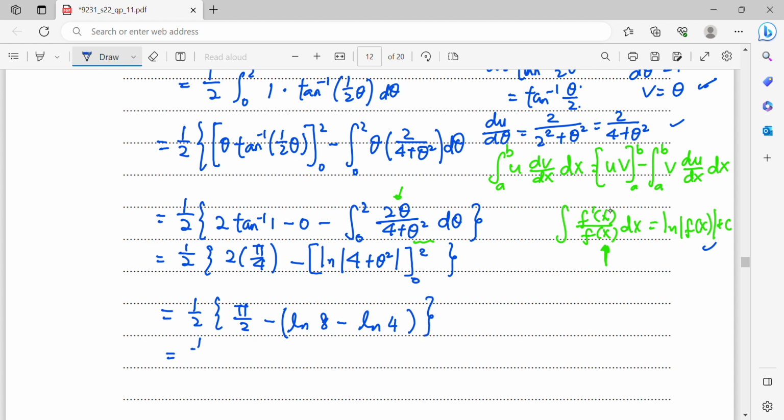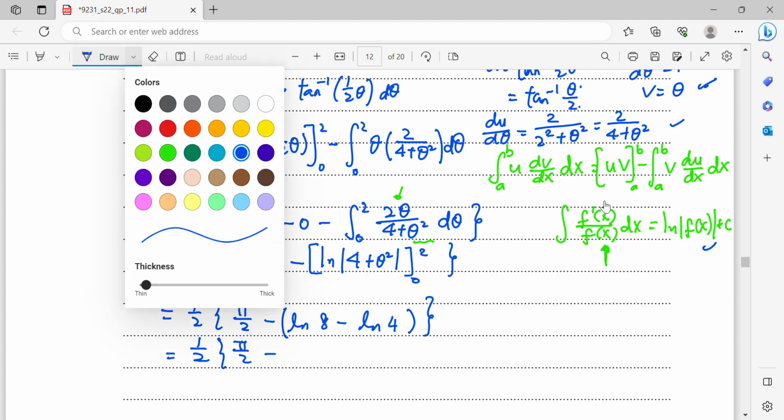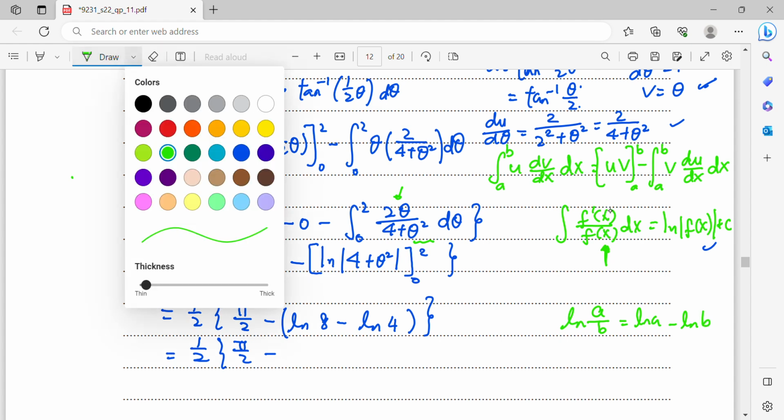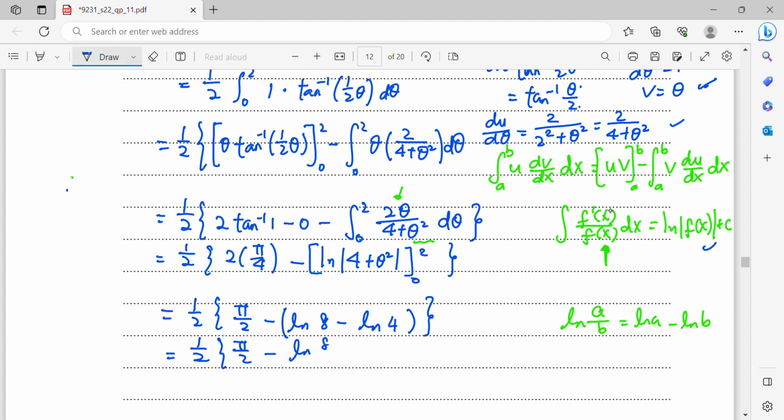So at last, I will get half of pi over 2 minus, alright, now to simplify the ln, we use the formula ln A over B is ln A minus ln B. So now I will get ln 8 over 4 because of the minus. So you will get pi over 4 minus 1 over 2 ln 2. Okay, so that is our area of the region for this polar curve.